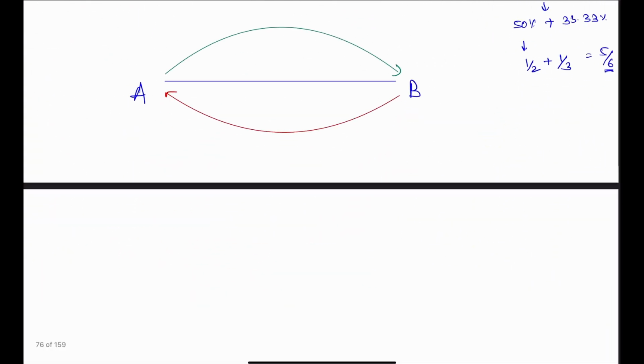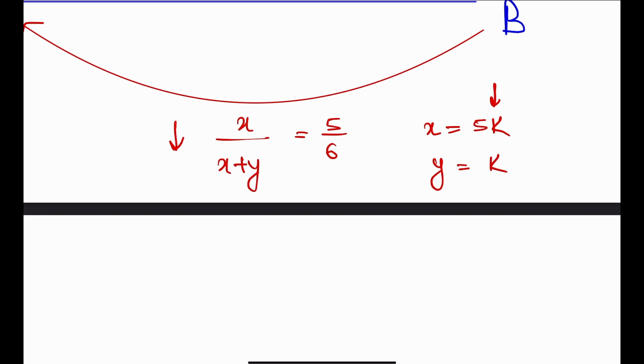So if it's less than, then x by x plus y is the fraction that is less. It's nothing but 5 by 6. So x equals 5k, and if we put 5 here, then y will equal 1k, or k.